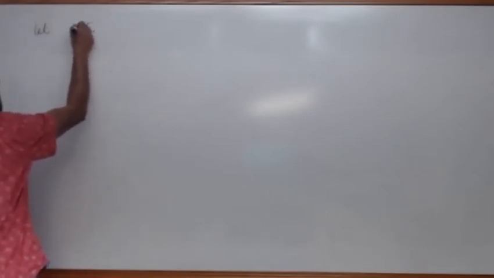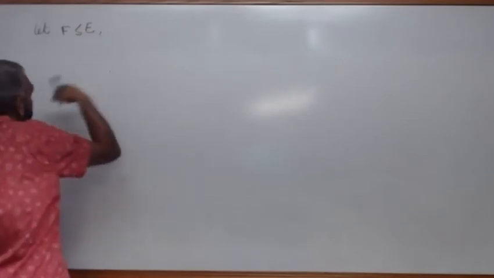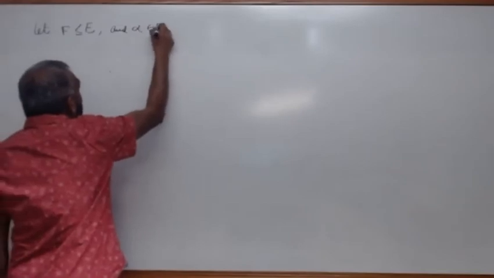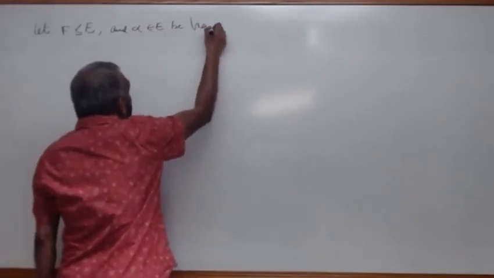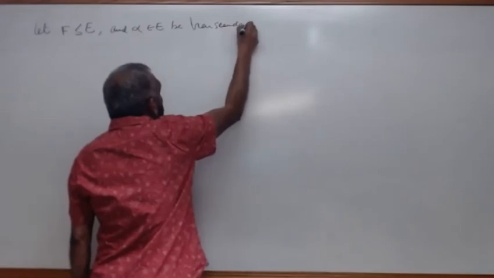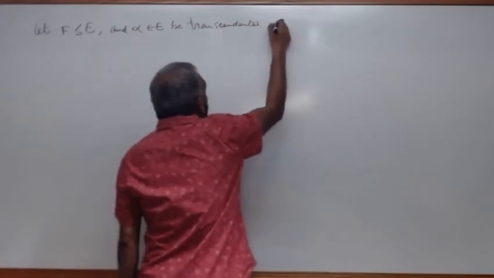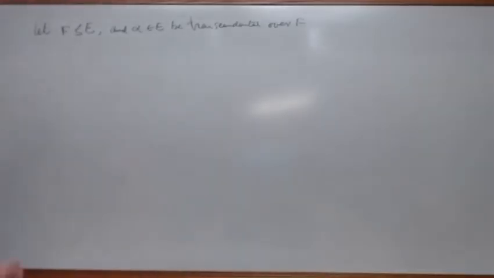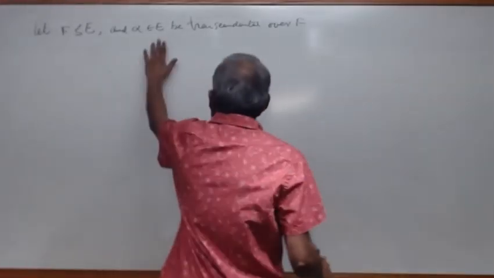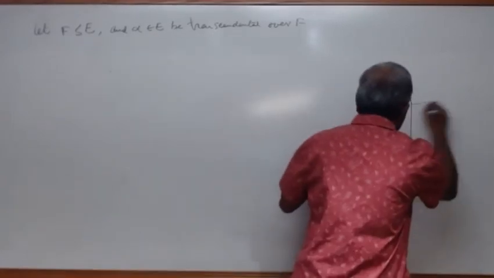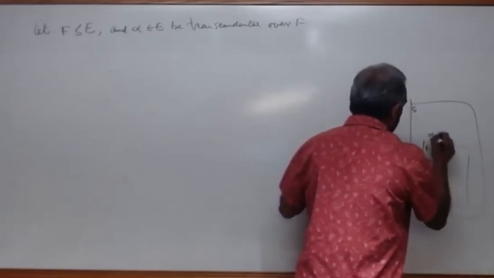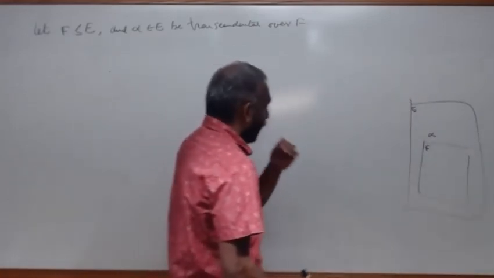Let E be an extension of F and alpha belongs to E be transcendental over F. So that means it is outside F, somewhere here. E, F, and this is somewhere here. Because it is transcendental, it cannot be inside F.